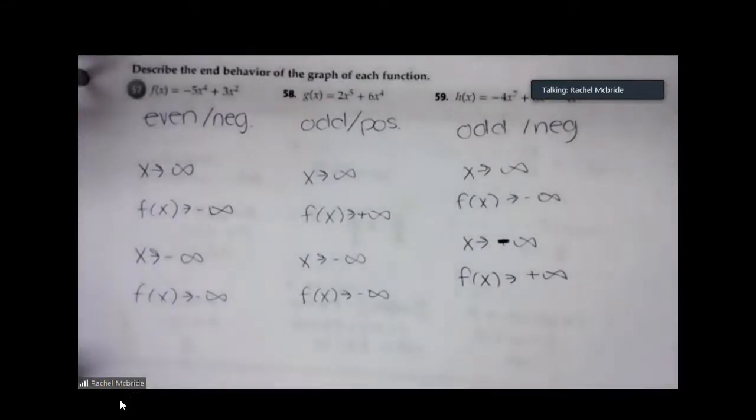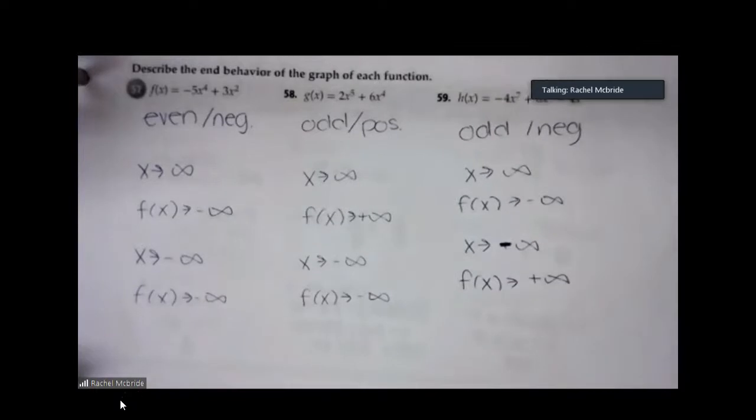So these are at the bottom of your page. Mine are just a little bit more spaced out. Okay, and then 60 to 62.